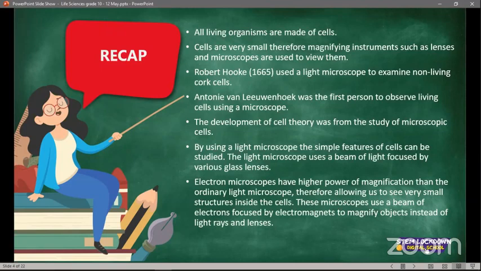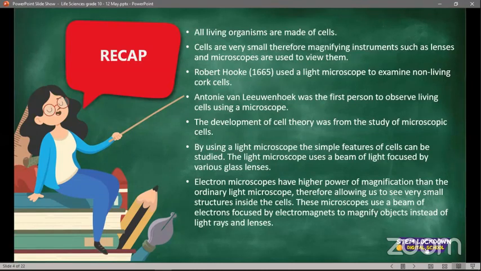And then the development of the cell theory was from the study of microscopic cells by other scientists that I said we shouldn't know of, but just know that they contributed to the development of the cell theory, which says that cells derive from other cells and they derive by cell division. We talked about that. And then we talked about microscopes.